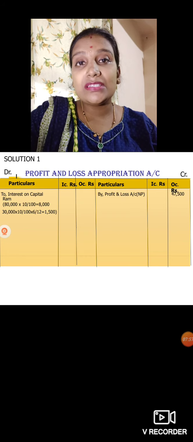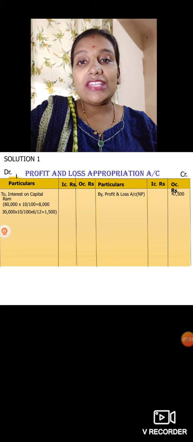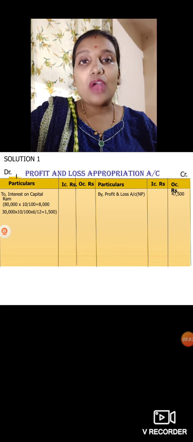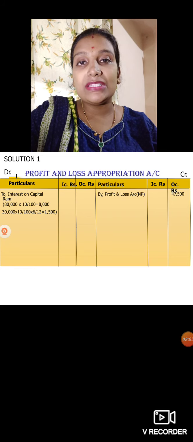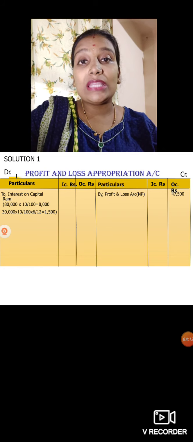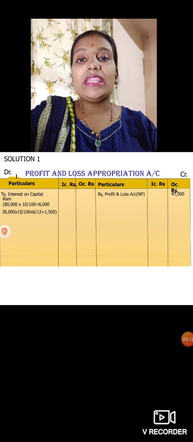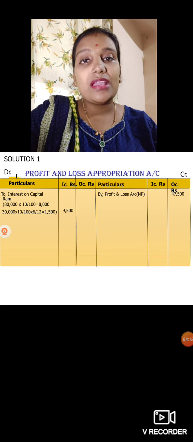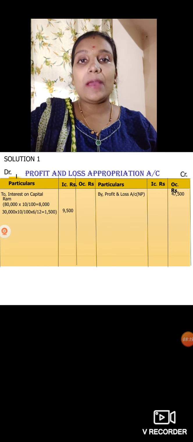Why 6 months? Because he brought it on 1st of October; count from October to March, that is 6 months, so 6 divided by 12. Interest on the 30,000 is 1,500. So total interest on capital of Ram is 9,500.